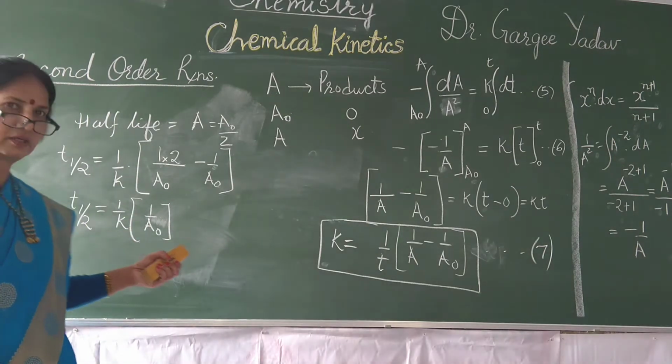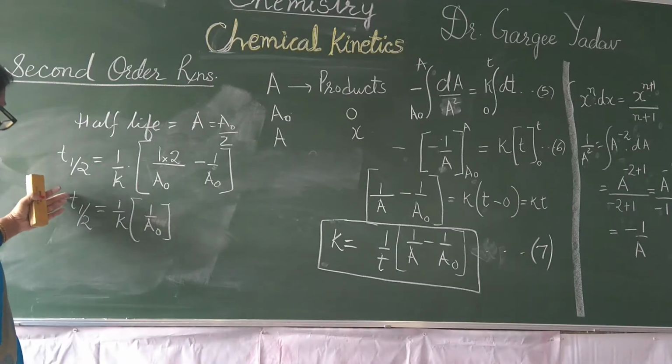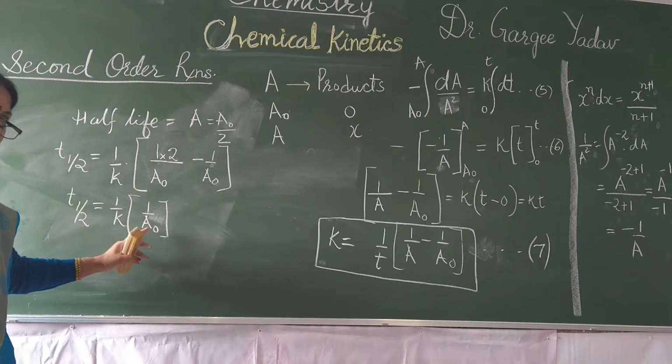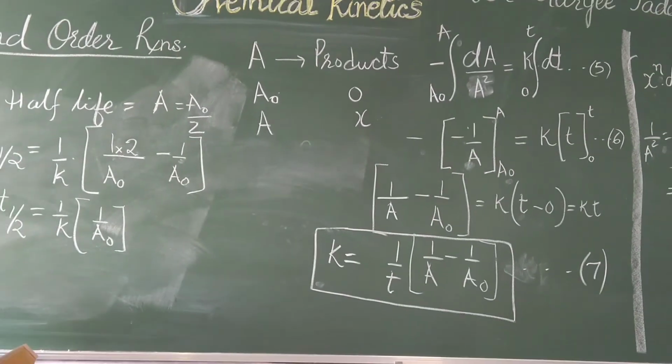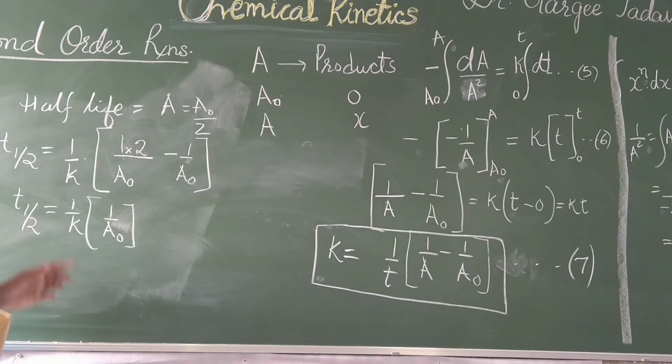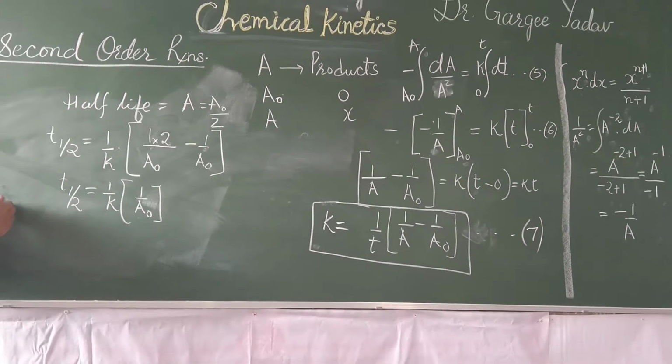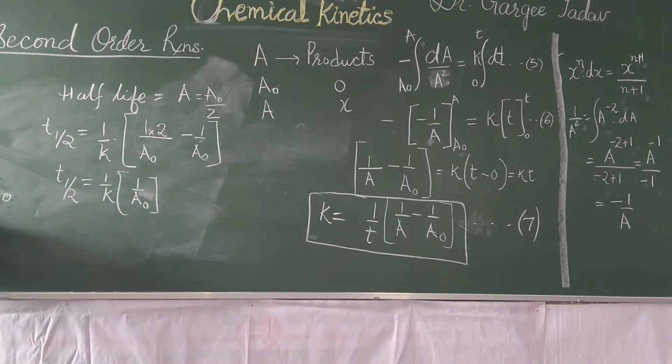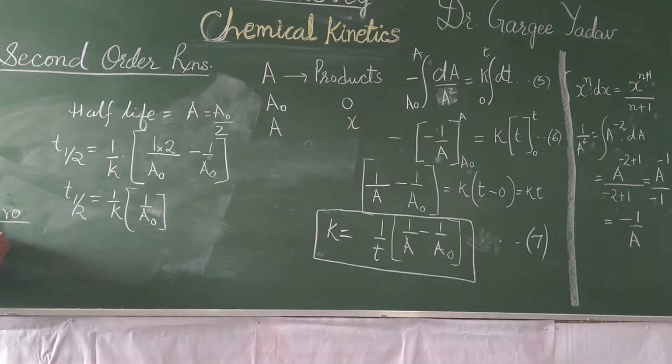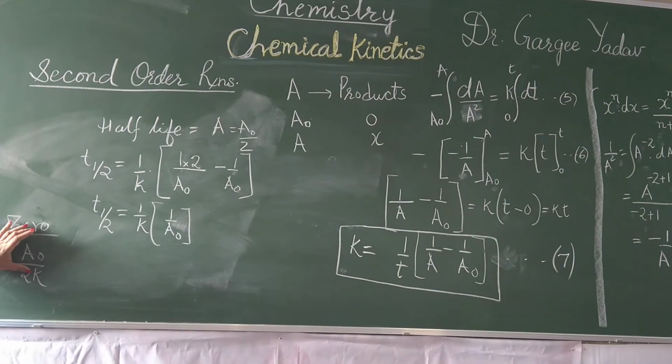So we can say that half-life is inversely proportional to the initial concentration in a second order reaction. We have previously seen that for a zero order reaction, half-life was A naught upon 2K, so half-life was directly proportional to the initial concentration.